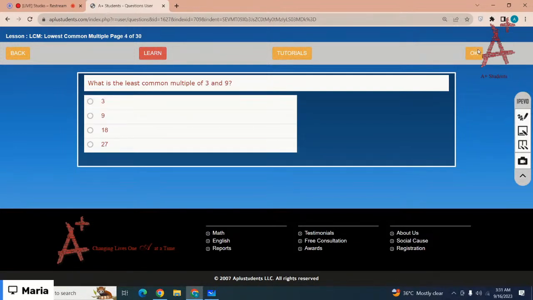Okay, what is the least common multiple of 3 and 9? So, which is the correct option? What is the least common multiple of 3 and 9? The correct option is 9.